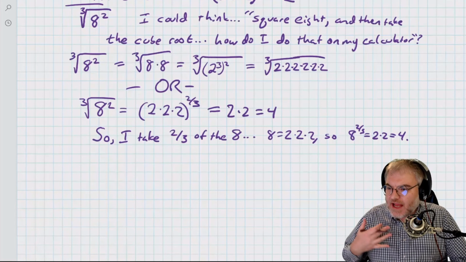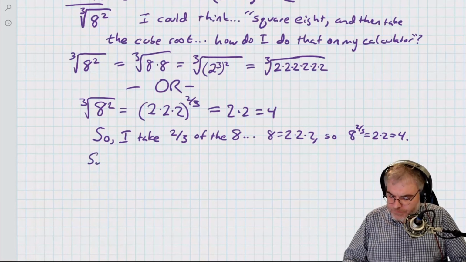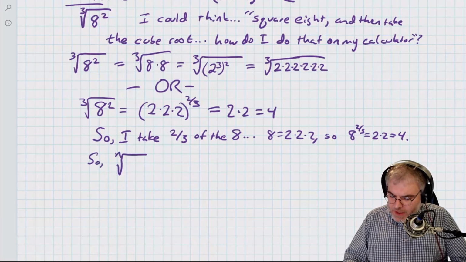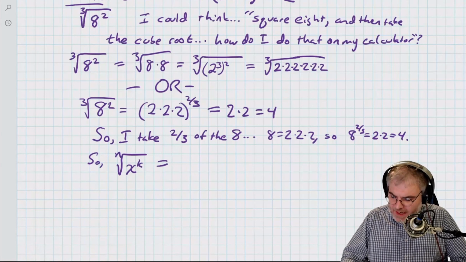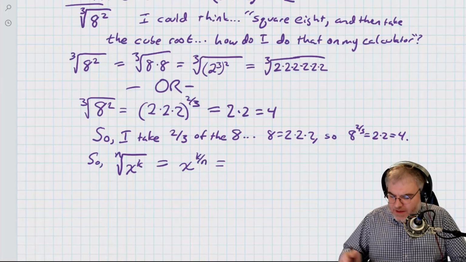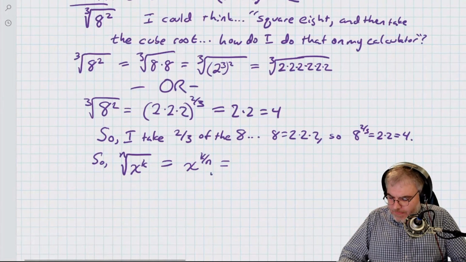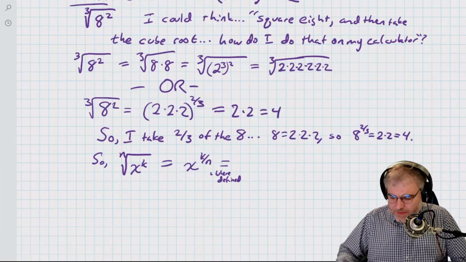But that's why we have exponent notation. So, the nth root of x to the k equals x to the k over n, where defined. Right, because sometimes I wind up in complex number land if I take the square root of negative numbers.